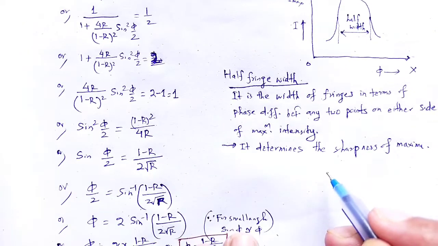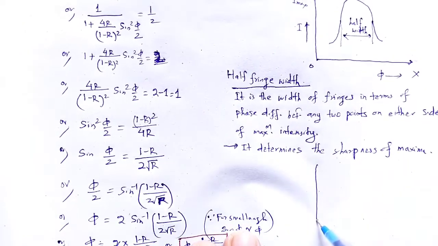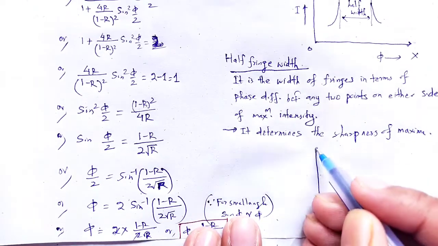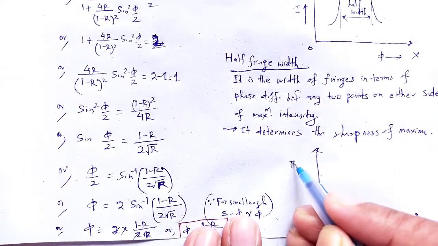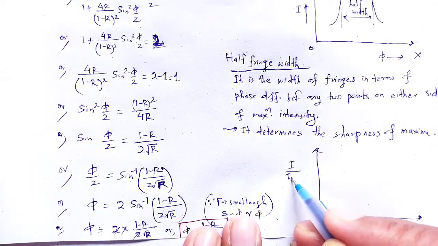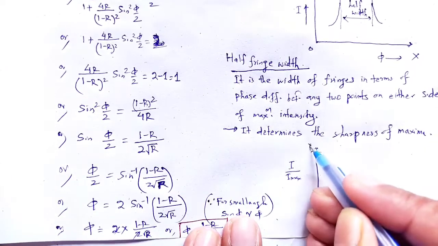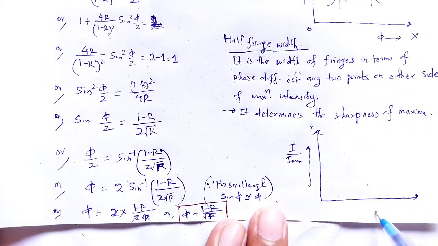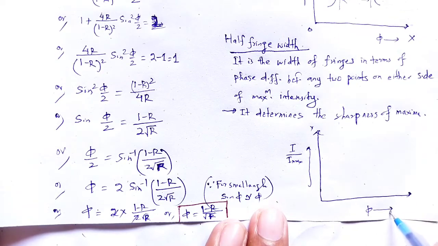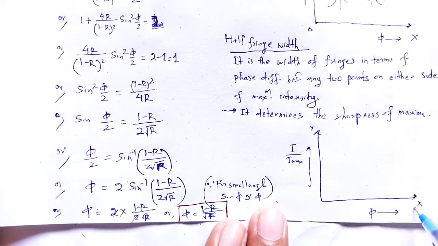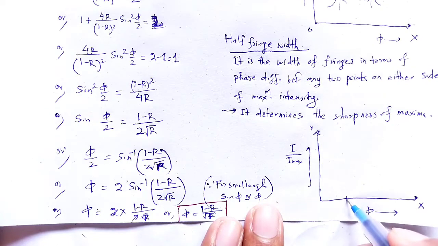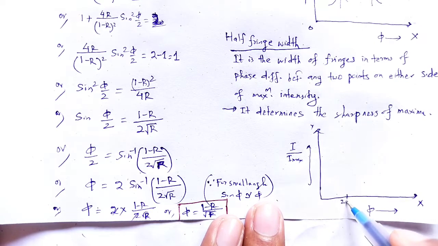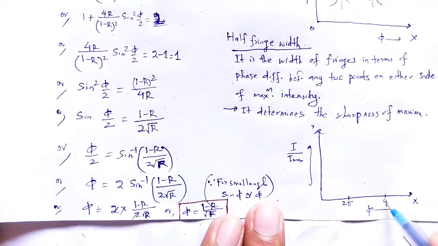Let us plot a graph between I by I max on the y axis and phase difference on the x axis. Let the phase differences be even multiples of pi: 2 pi, 4 pi.